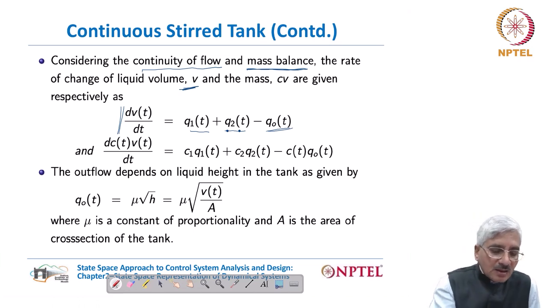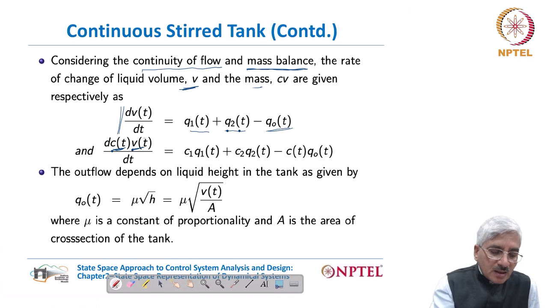Now we see the mass of substance in the solution will be C times V. That C is the concentration and V is the volume. So C into V is the mass. So we again consider the conservation of mass, or the mass balance.